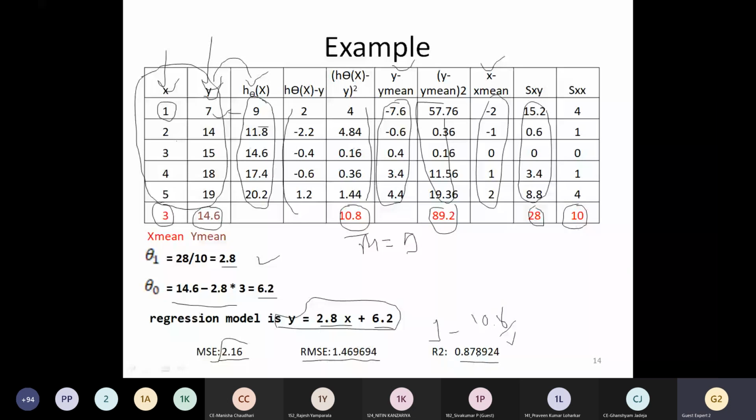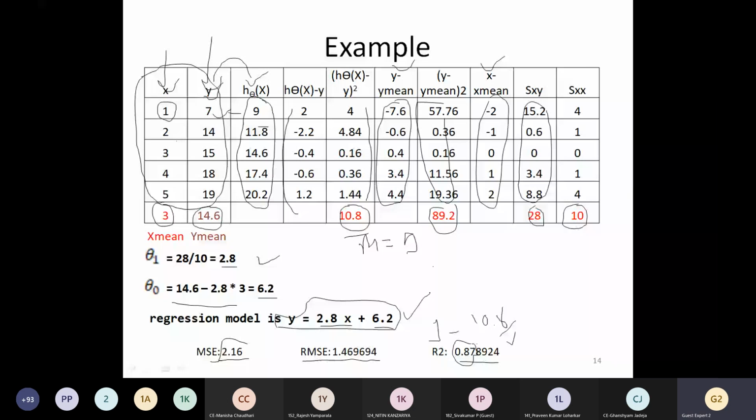So what does it mean? It means our model is performing 87%, meaning our prediction is 87% better. Our model is designed in such a way that it will predict the value 87% better.